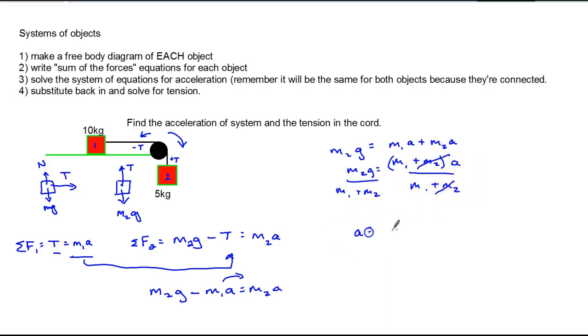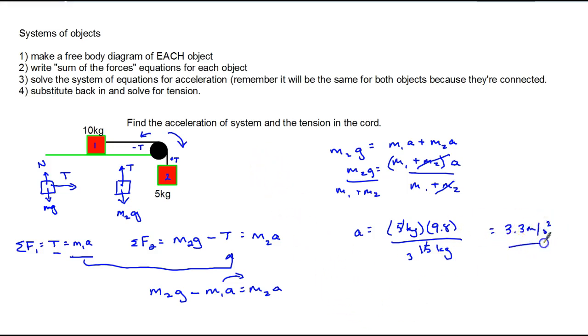So my acceleration is the mass of the second object, which is 5 kilograms, times gravitational acceleration, which is 9.8, divided by the sum of the two masses, and that's 15 kilograms, 10 plus 5. And let's see, I can see that I'm going to cancel the 5, 3 there, so it's just 9.8 divided by 3 is 3.3 meters per second squared.